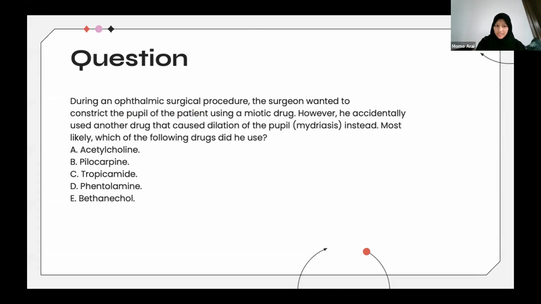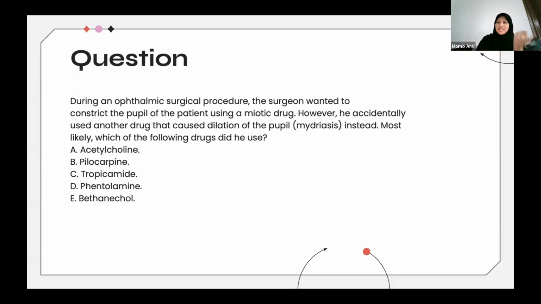So now in this case, what class of drug is being used for pupil dilation? Can you tell me agonist, antagonist, or is it adrenergic or cholinergic?